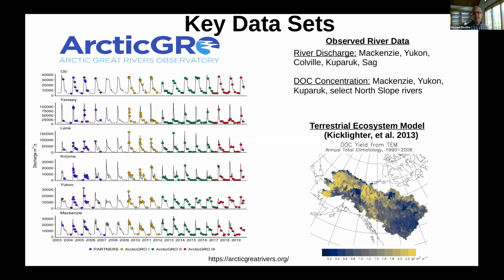But for many of the smaller rivers, the data are really spotty. For DOC concentration, the Mackenzie, the Yukon, the Kuparuk, select North Slope rivers. I'm not certain that there are more frequent samples now than there were earlier in the decade or the past several years. That's open for discussion.